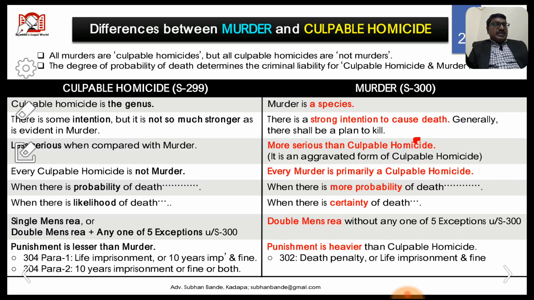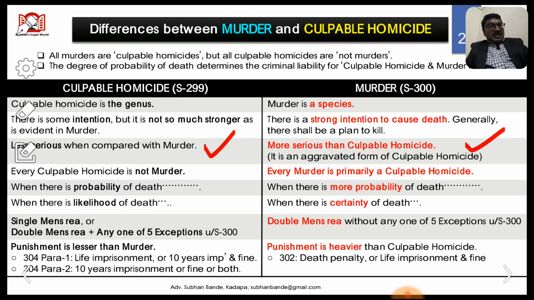Generally, there shall be a plan to kill a human being. Culpable homicide is less serious when compared to murder. Murder is more serious than culpable homicide. It is an aggravated form of culpable homicide.